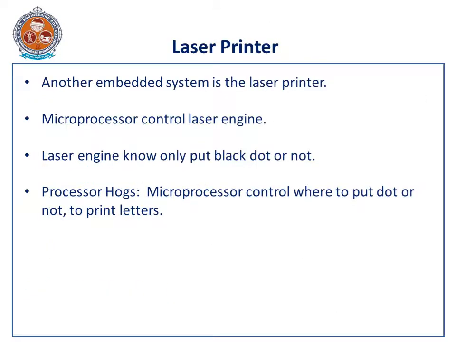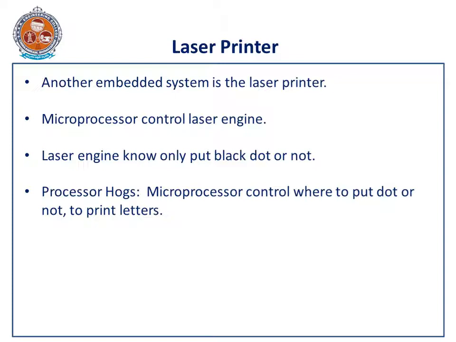Next, the laser printer. It is another embedded system example. Most laser printers have fairly substantial microprocessors embedded in them to control all aspects of printing. The largest responsibility of the microprocessor is to deal with the laser engine.